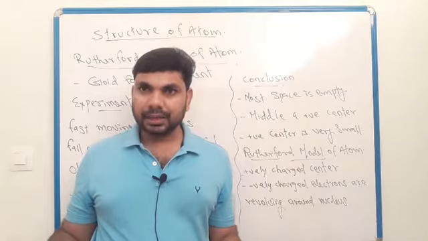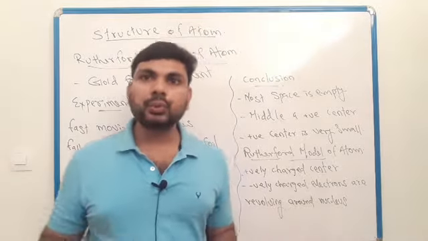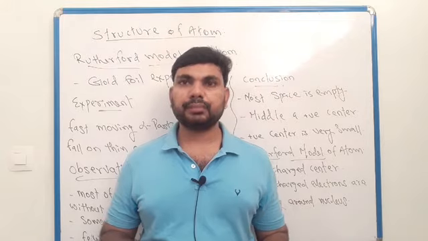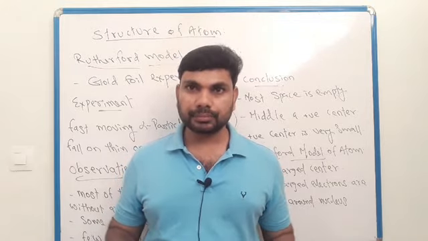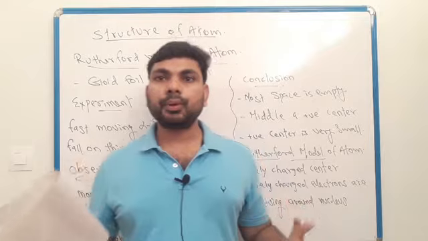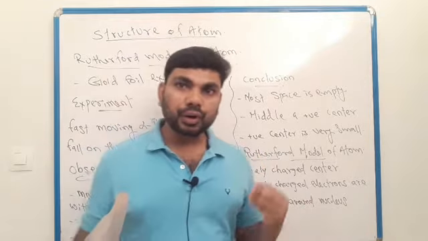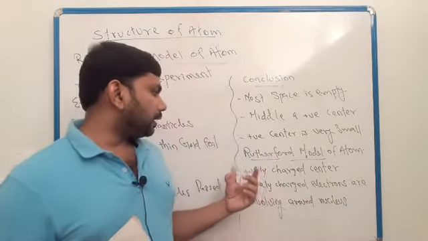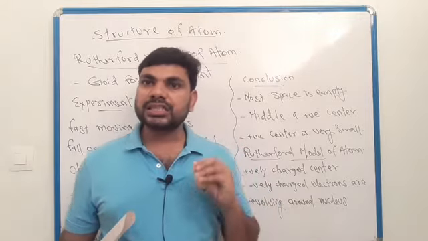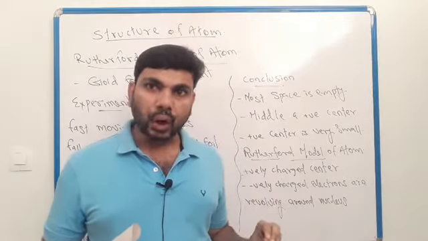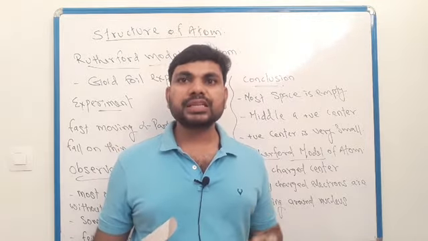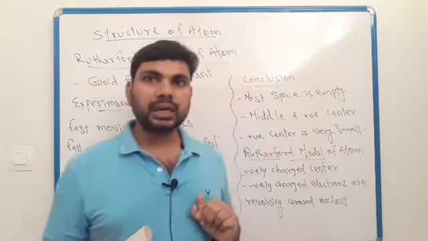From this experiment, observation and conclusion, Rutherford introduced his model of atom. So here we can explain the Rutherford model of atom. According to the Rutherford model of atom, in the middle of the atom there is a positively charged center. Rutherford called this positive center the nucleus.